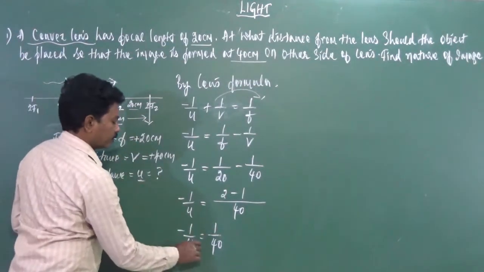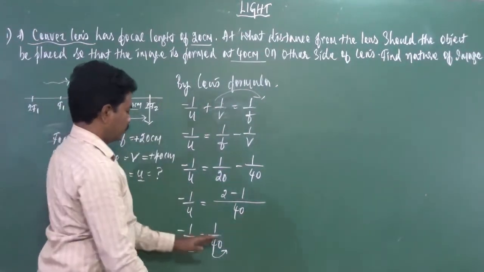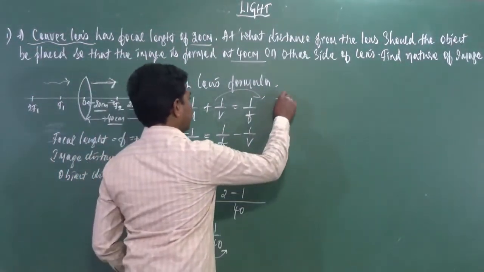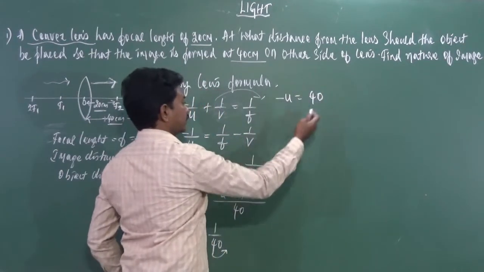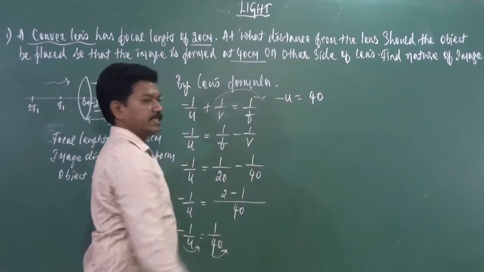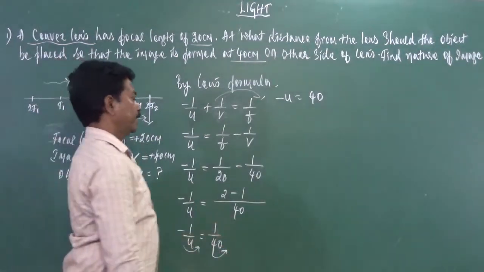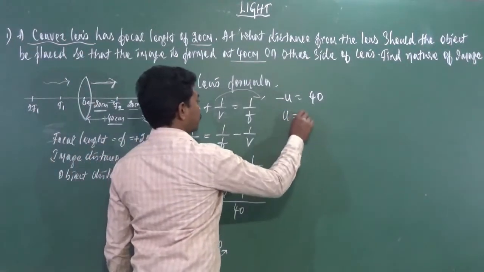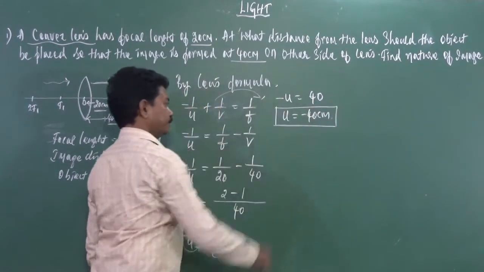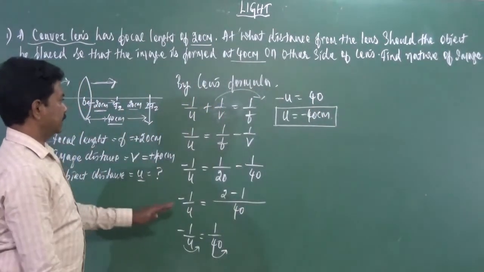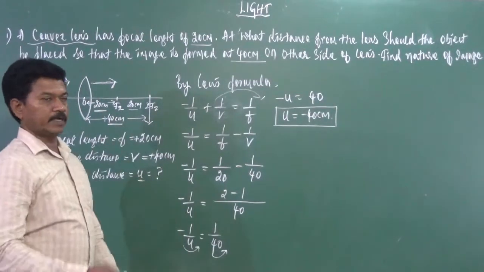When you take reciprocals on both sides, you get minus u is equal to 40. When we transfer this minus sign to the RHS, or multiply both sides of the equation by the negative sign, it becomes u is equal to minus 40 centimeters. So I hope you got the answer. That is the right answer according to the things we had discussed.